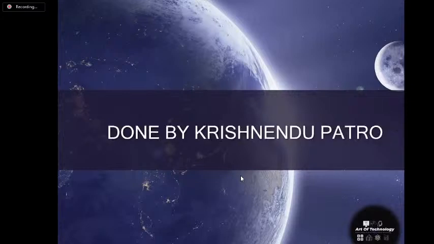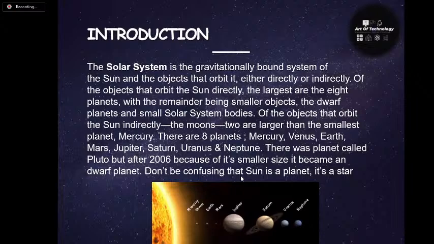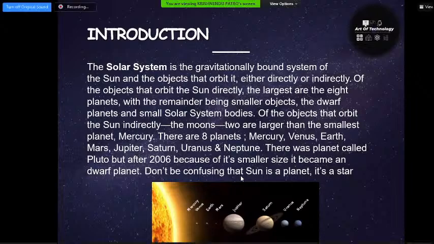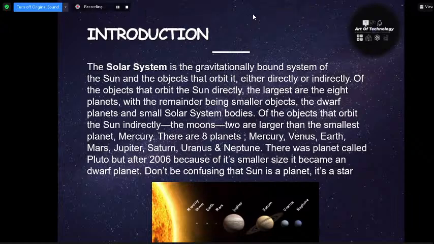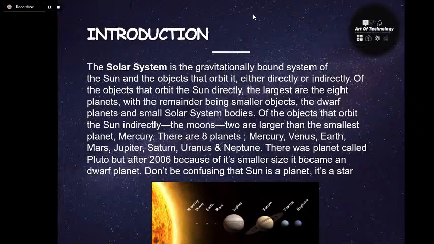So let's start. The solar system is a gravitationally bound system of the Sun and the objects that orbit it, either directly or indirectly. Of the objects that orbit the Sun directly, the largest are the 8 planets, with the remainder being smaller objects, the dwarf planets and small solar system bodies.